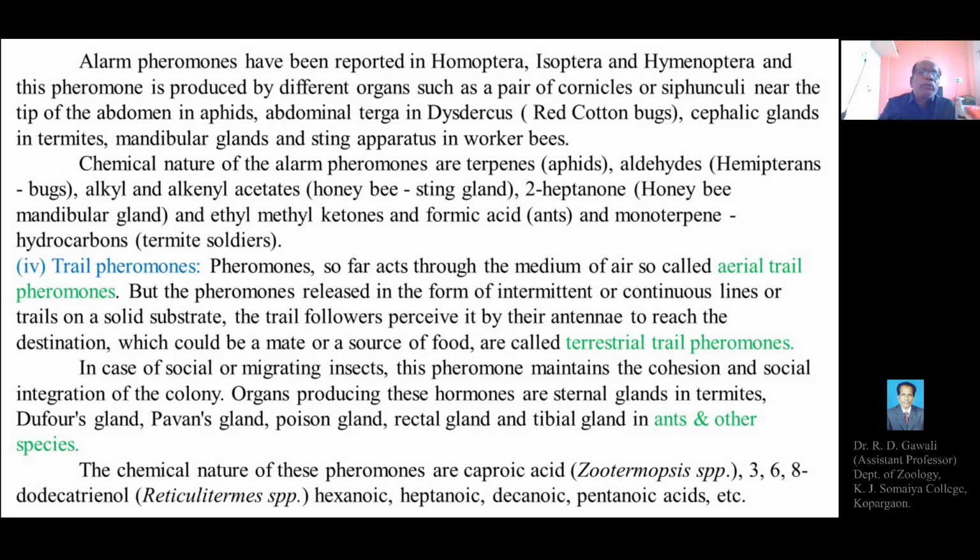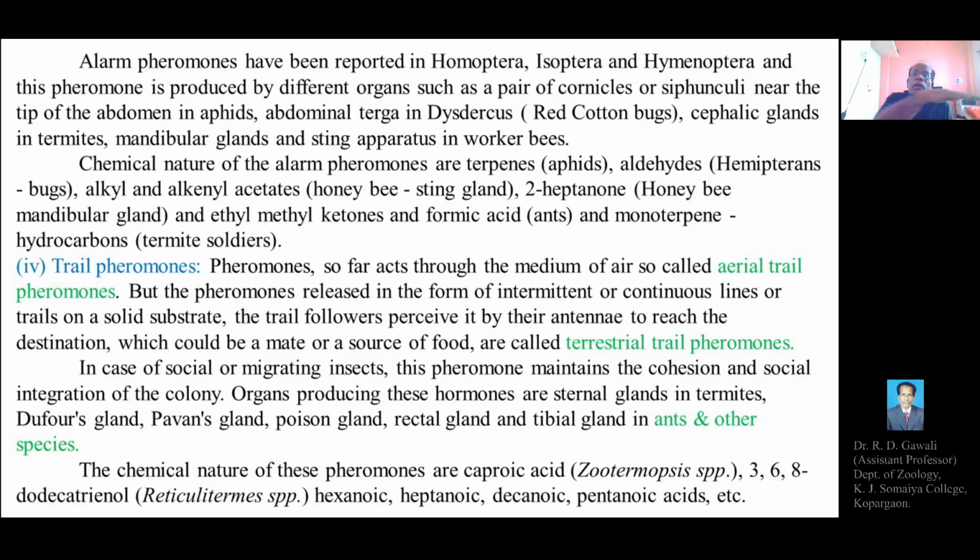Then the fourth type of pheromone, that is the trail pheromones. Pheromones that act through the medium of the air or the atmosphere are called aerial trail pheromones. But pheromones released in the form of intermittent spots, or a continuous line or trail, on a solid substrate or on the land are also trail pheromones.